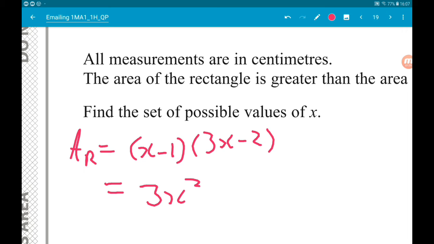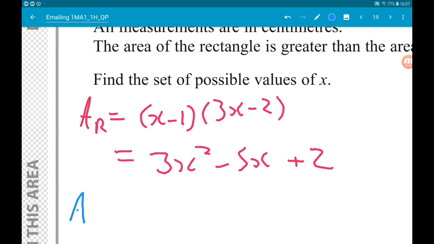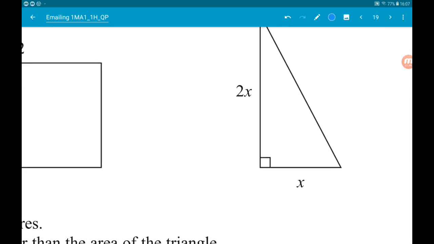Then we're going to get minus 5x, add 2. Cool. Okay, then the area of the triangle, well, we know the base and the height, so it's base times height divided by 2. So x times 2x is 2x squared, divided by 2 is just x squared.